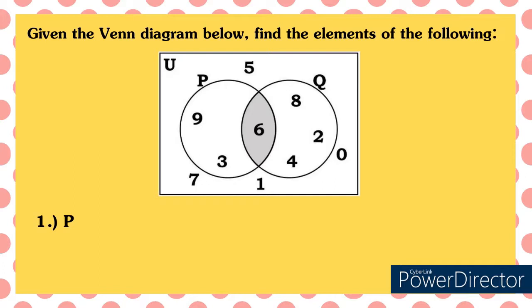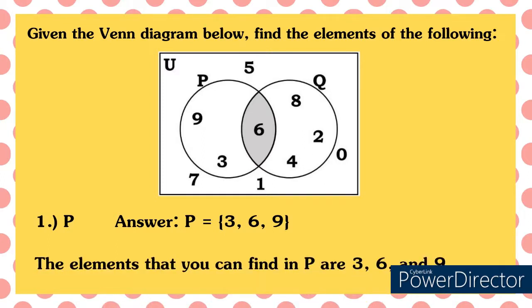The answer is, set P contains 3, 6, 9. Very good. So 3, 6, 9 are found in set P.